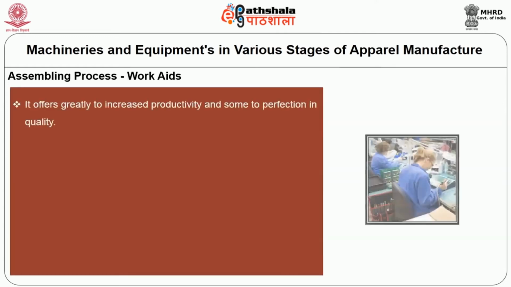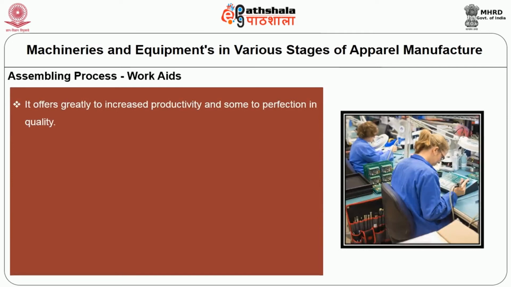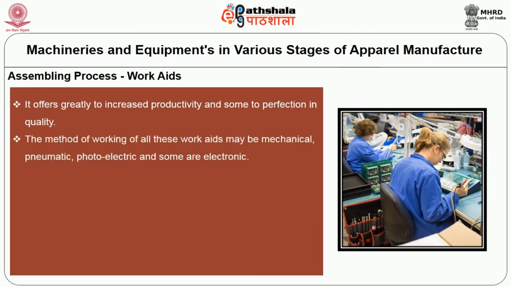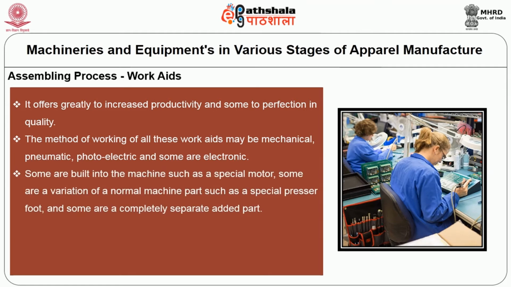Next one is the work aids. The work aids help greatly to increase productivity, and some add to perfection and quality. The method of working of all these work aids may be mechanical, pneumatic, photoelectric, and some are electronic. Some are built into the machine, such as special motors.